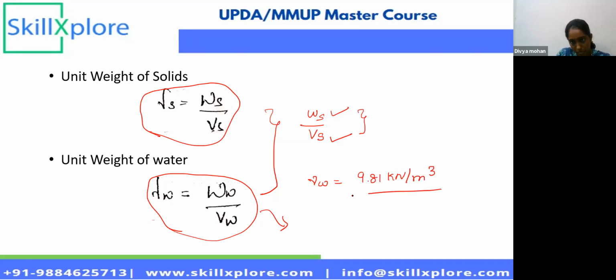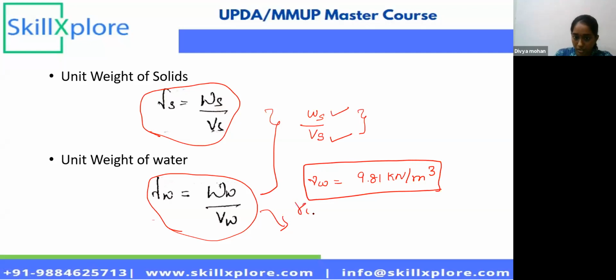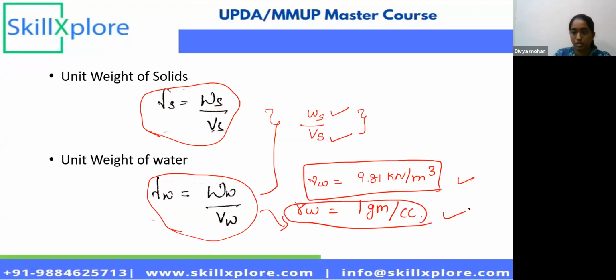For my convenience, I'm using this parameter, and this is the value I'm going to use. Gamma W may also take the value of 1 gram per cc. These are the two values in two different unit systems.